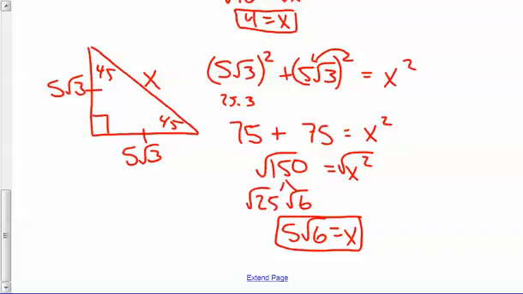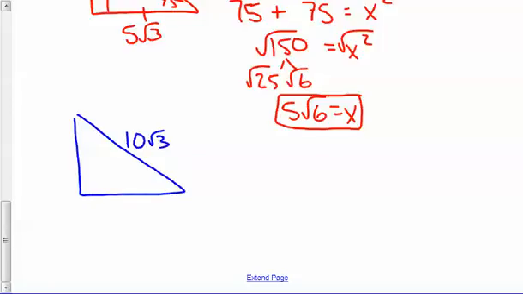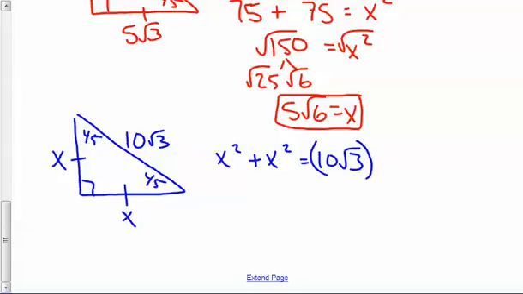So you know that. What if I get a problem where I give you this, and I'll say that it's 10 root 3. Well, I know these two are 45s, so this is x, and this is x. So I'll say x squared plus x squared equals 10 root 3 squared.